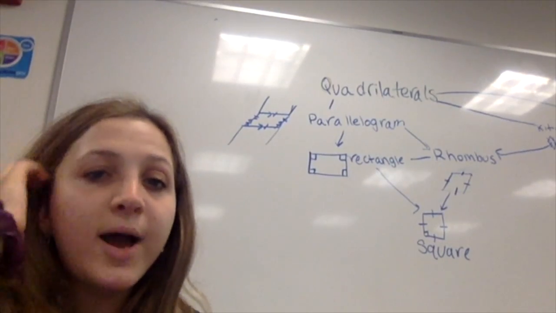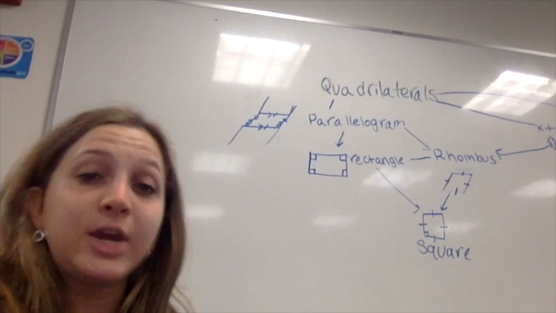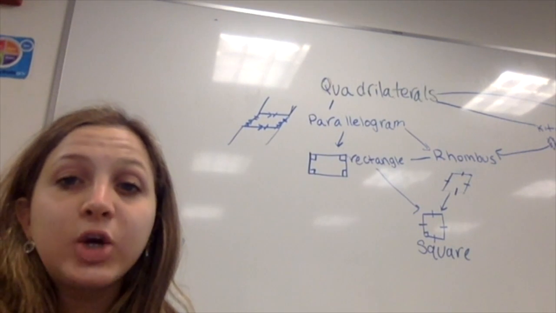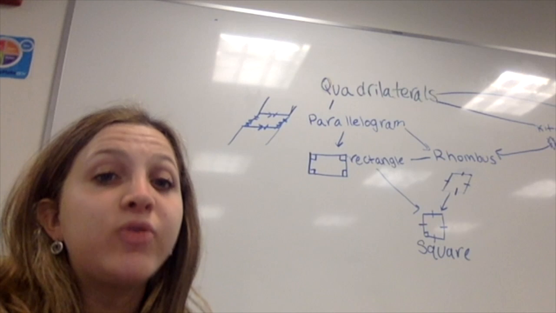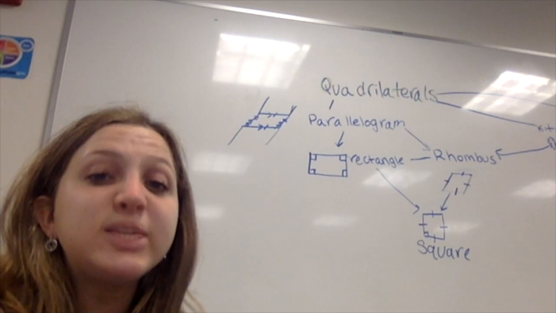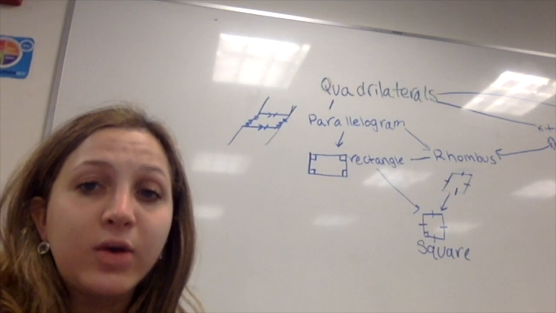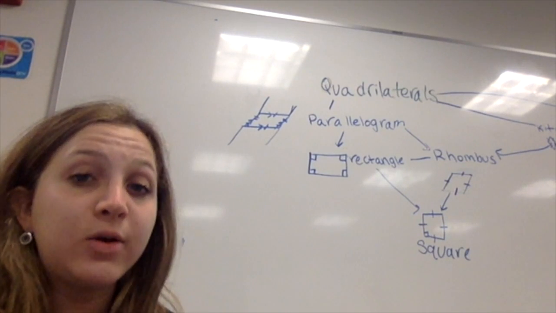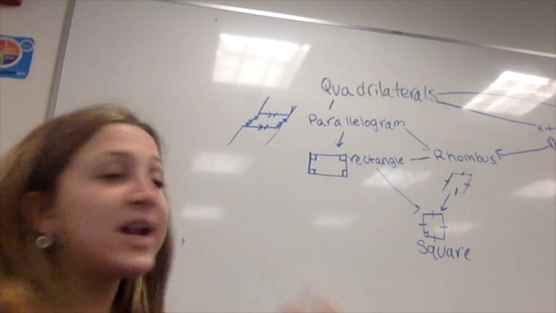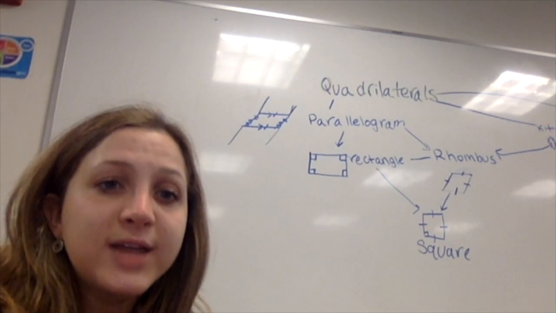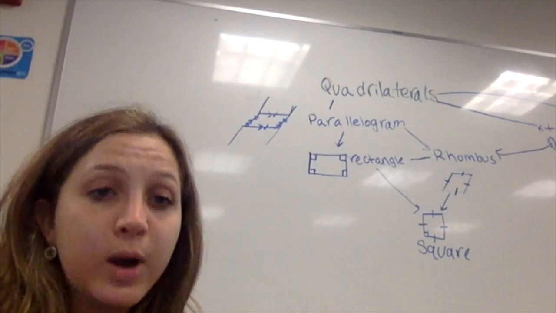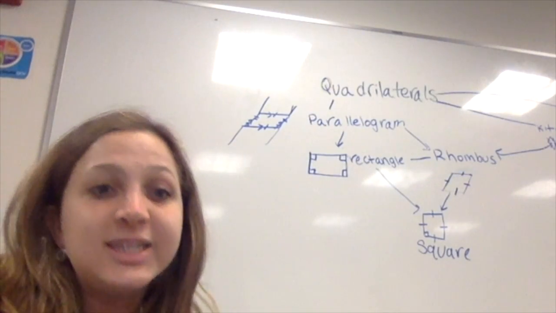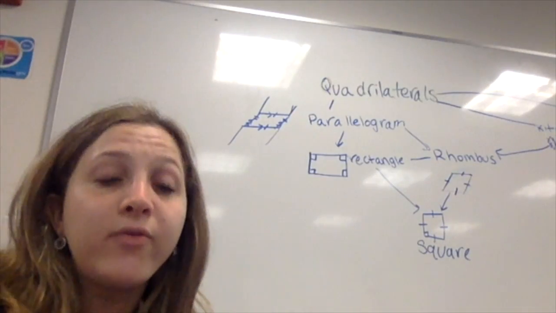So on top of my square, I have a rectangle. A square is a rectangle because the defining attribute of a rectangle is that it must be a quadrilateral with all right angles. As we said, all of a square's angles are right angles. Therefore, if that's the one defining attribute of a rectangle, we know that a square must be a rectangle because it meets the defining attributes of a rectangle.